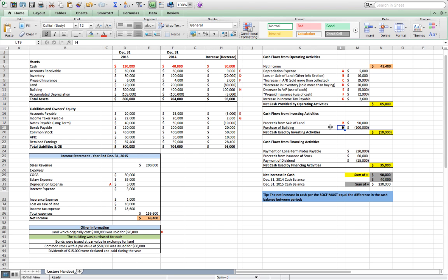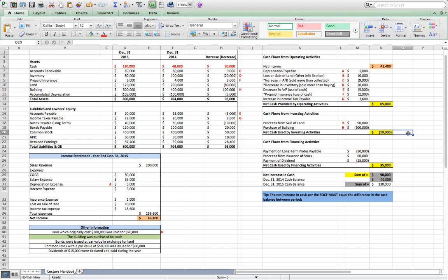Therefore, this represents cash we spent to acquire the building, so cash out the door of $100,000. Thus, we have to decrease it from the cash flow to represent cash that we spent on the building. Those are the only transactions in this example for cash flows from investing activities.